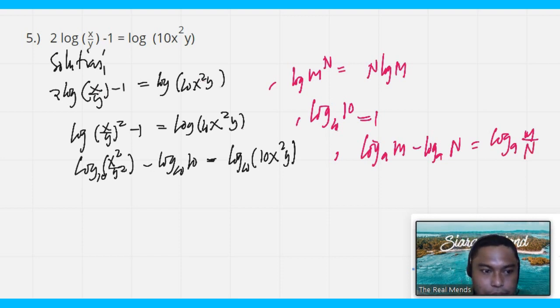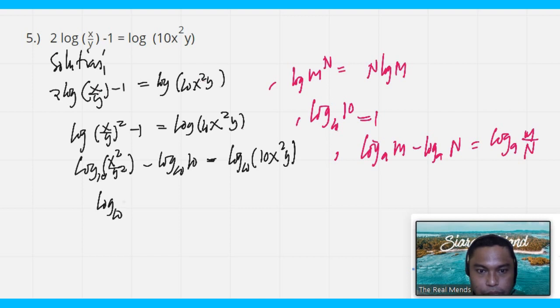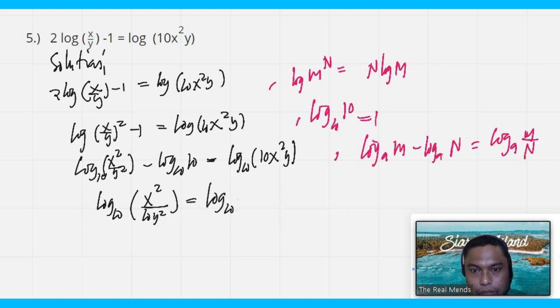So therefore this part could be written in this form: log base 10 of x squared over 10 y squared is just equal to log base 10 of 10x squared y.